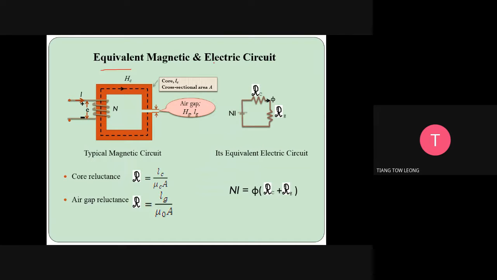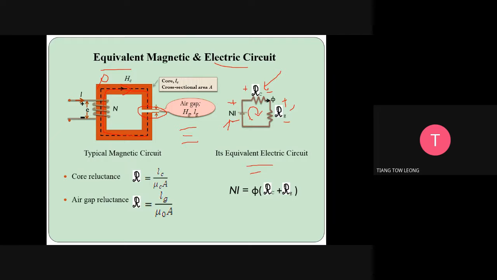So equivalent magnetic and electric circuit, we want to make it equivalent. So okay, source of energy N I, and then reluctance of the steel, one material, then reluctance of the air, another material. So usually we put C as core, G as gap. The flux is this one. So this is the equivalent circuit. So we apply the default direction: plus, minus, plus, minus, plus, minus.